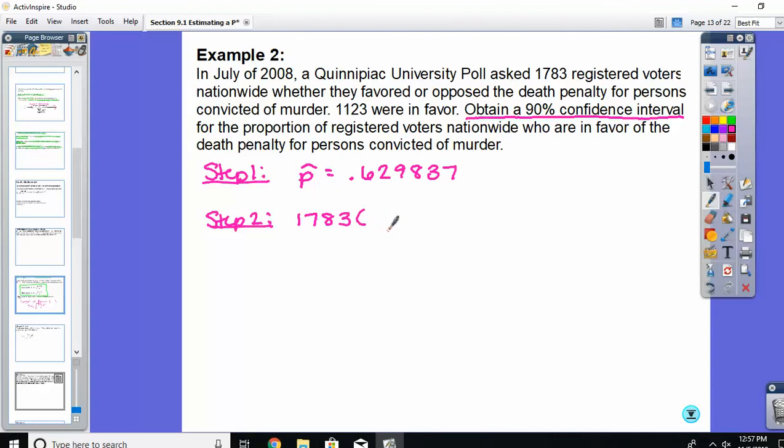So unlike in the previous ones where they would tell you a p in your problem, we don't know it, so we're going to use the p-hat that we are estimating here. Times 1 minus our p-hat. That needs to be bigger than 10, so quick check here.